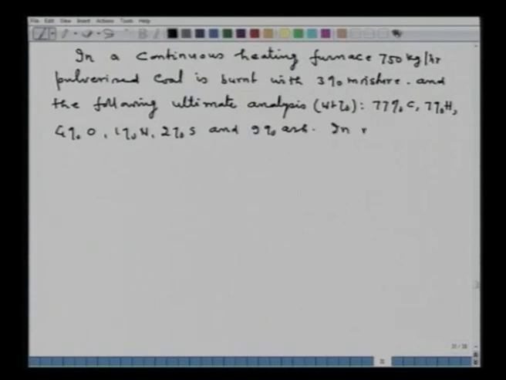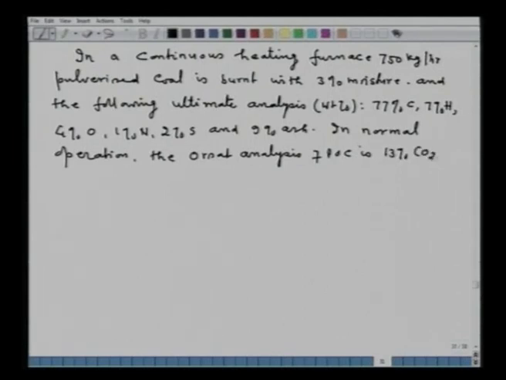In normal operation, the Orsat analysis of POC is 13% CO2, 0.5% CO, 6% O2 and 80.5% nitrogen.